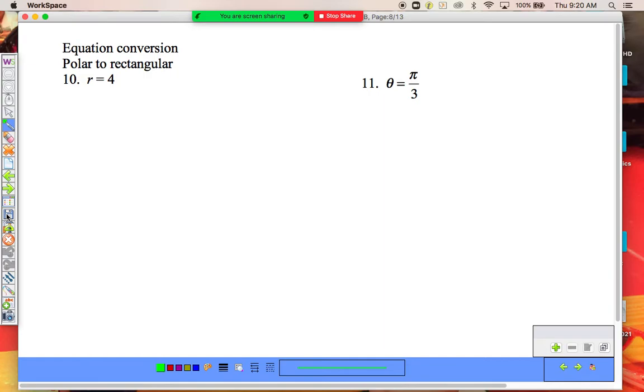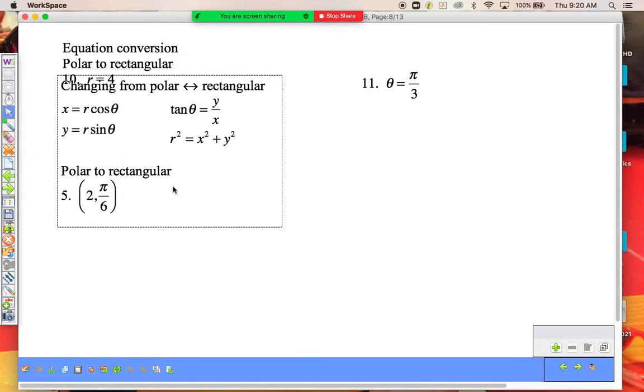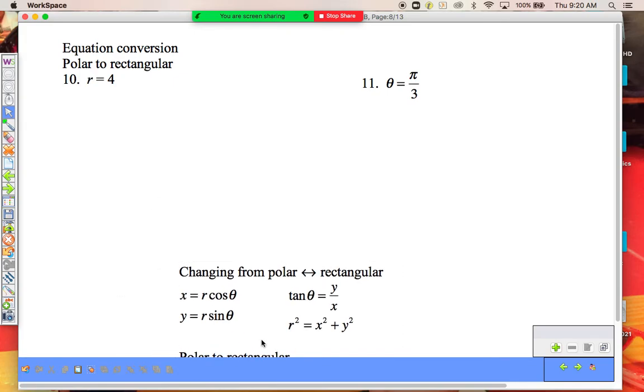So I'm going to give you r's and thetas, and we're going to change them to x's and y's. We'll talk about the shapes of these equations a little bit, but we'll get into more of it next class.